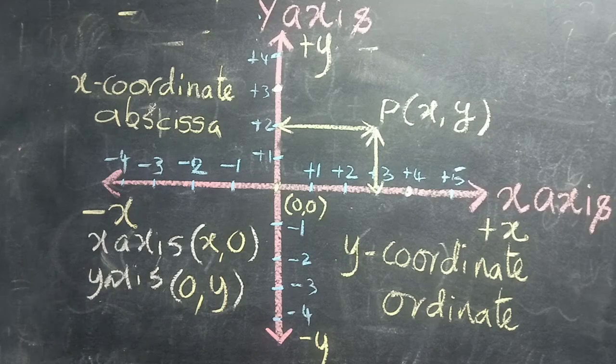Students, in this chapter we learn finding the distance between 2 points, then the area of the triangle formed by 3 points, that is 3 coordinates. Then the third concept is finding the coordinates of a point which divides the line in the given ratio. These are the concepts we are going to learn.